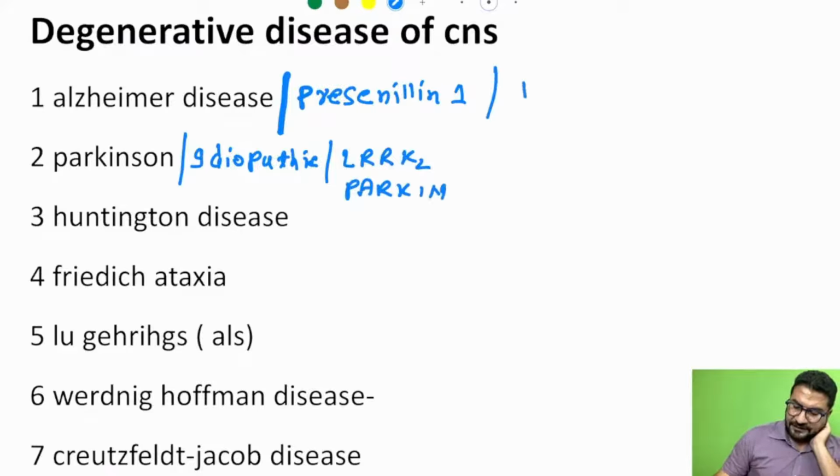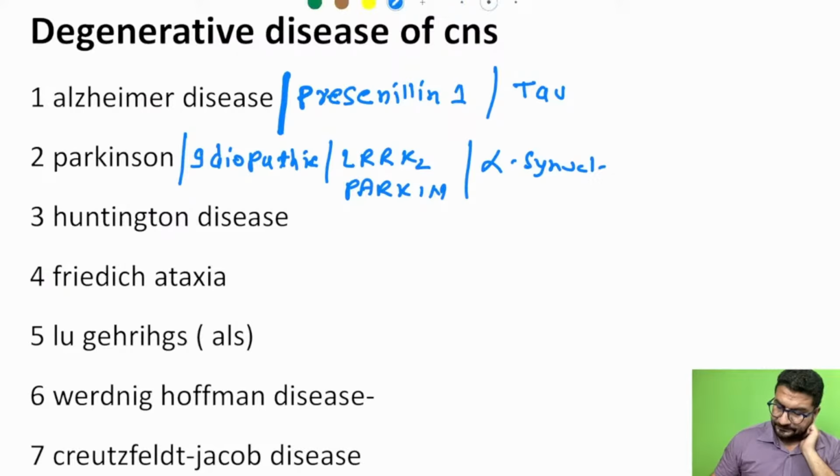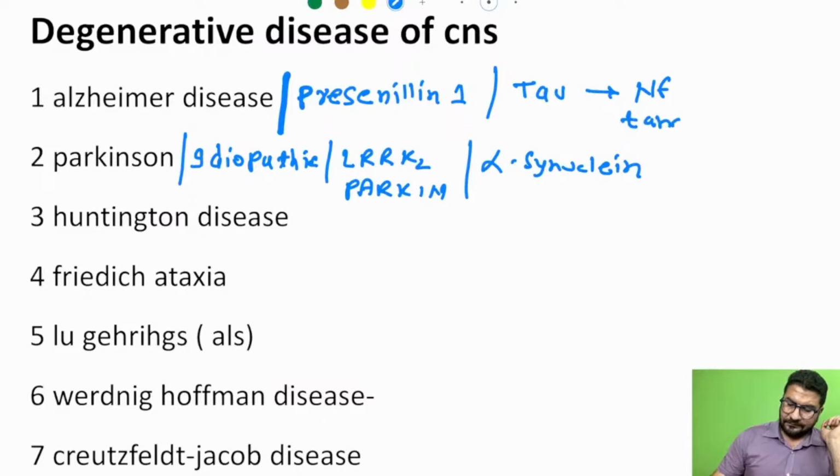So protein which get deposited in Alzheimer will be tau protein, and protein which get deposited in Parkinson will be alpha synuclein. This tau protein will form neurofibrillary tangle, and this alpha synuclein protein will form Lewy body.